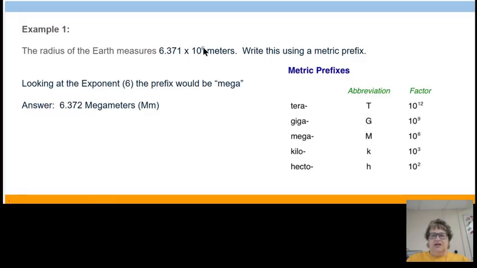So if I look at the 6 and I look in my factors, there is a 10 to the 6th, and that is mega, or capital M. So I'm going to write down my coefficient, and then after that, I'm going to write megameters, or we can abbreviate that by the big M. That's why it's so important to make sure that you have the right letters. Capital M is mega. Little m is milli, right? And then afterwards, it's meters.